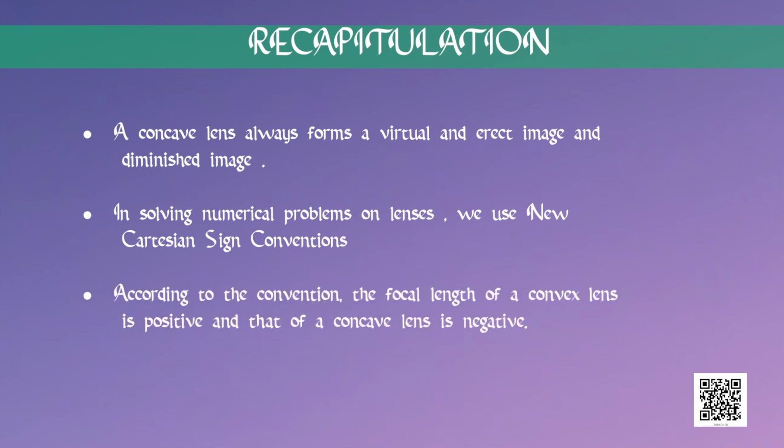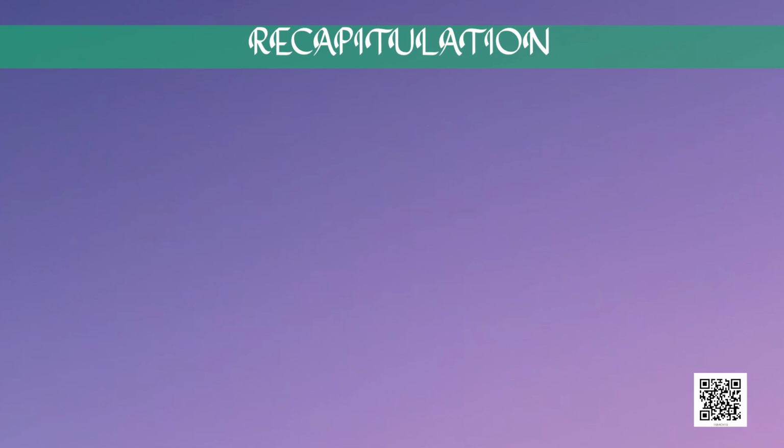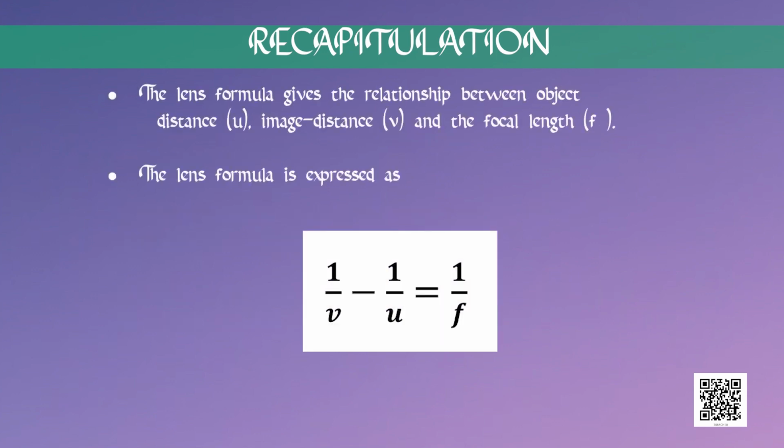According to the convention, the focal length of a convex lens is positive and that of a concave lens is negative. The lens formula gives the relationship between object distance u, image distance v, and the focal length f. The lens formula is expressed mathematically as 1 by v minus 1 by u equal to 1 by f.